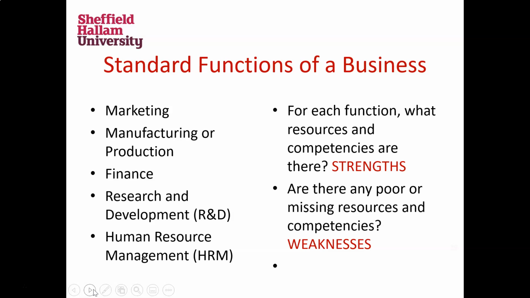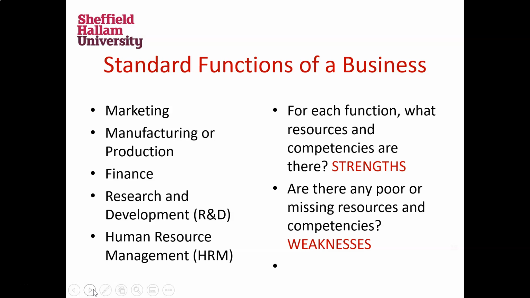For functional analysis, what you'll be doing is saying, for each function, what resources and competencies are there? You will need to do some research to say, what evidence is there that in marketing, manufacturing, finance, research and development, and human resources, A, the organisation has the right resources, and B, it has the right competencies.